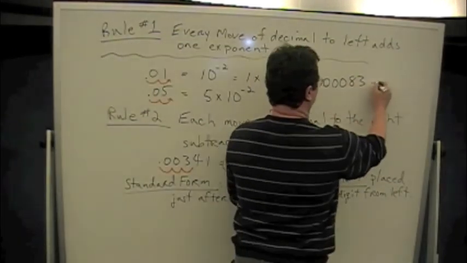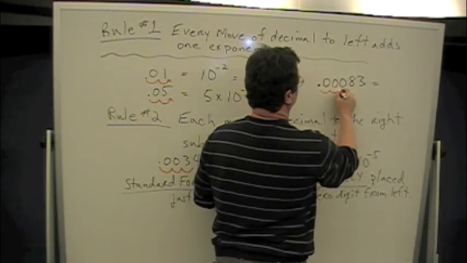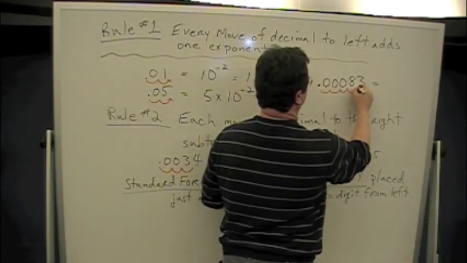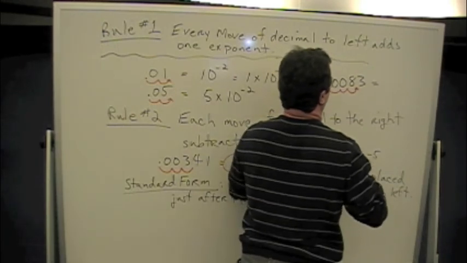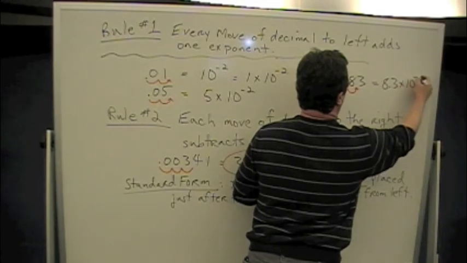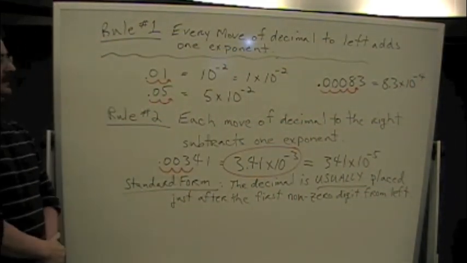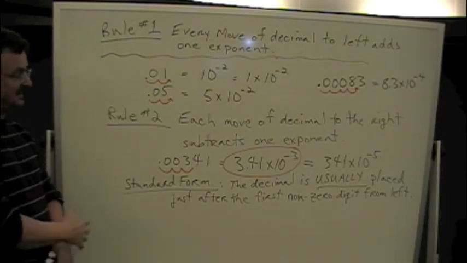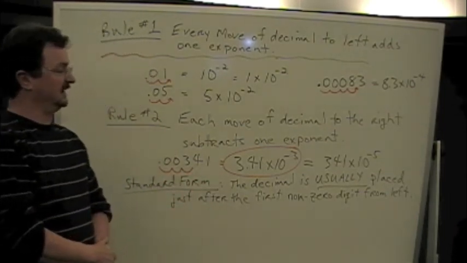Well, you should have come out with 1, 2, 3, 4 places to the right. So that would be 8.3 times 10 to the minus 4. Okay, 8.3 times 10 to the minus 4. All right. So that's how you write really large numbers and really small numbers in terms of scientific notation.